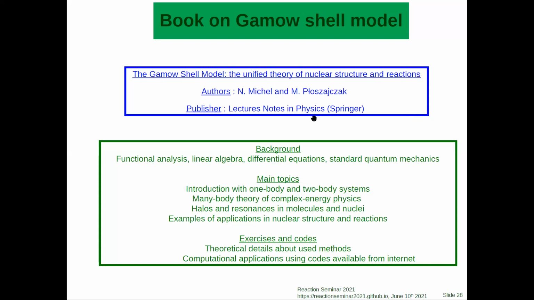The background is that of university: functional analysis, linear algebra, differential equations, and the whole theory of the Gamow Shell Model is presented for both structure and reactions, and also more systems: one-body and two-body systems, halos and resonances in nuclei, but also molecules, examples of structure and reactions, and also exercises. And the code is available on the internet, with which one can redo the calculations shown in this book. It is available at Springer and can be bought on the internet easily.